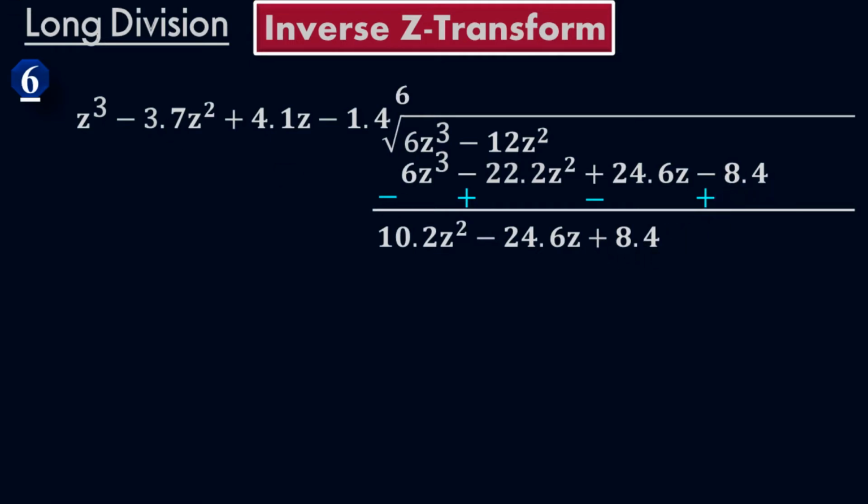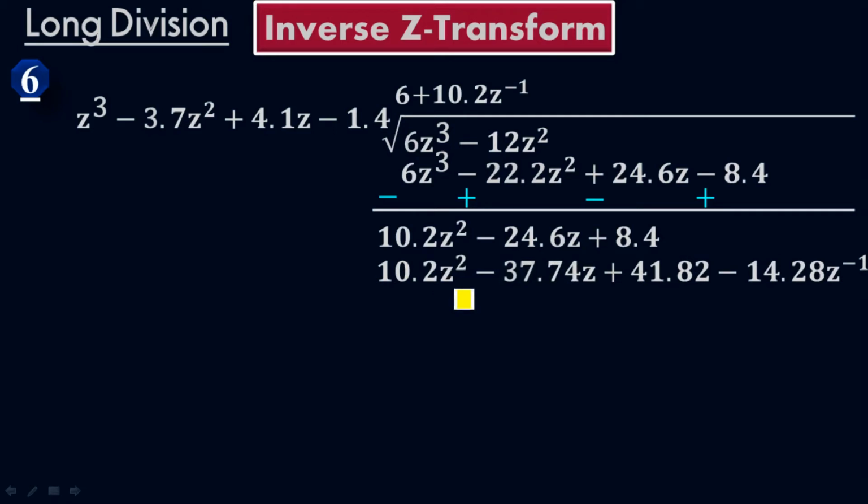Now take the product with plus 10.2z to the negative 1. So I will have 10.2z squared minus 37.74z plus 41.82 minus 14.28 times z to the negative 1. Look, 10.2z to the negative 1 times z cubed equals 10.2z squared.